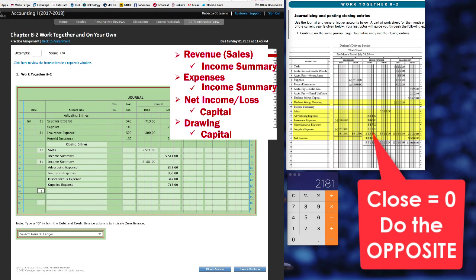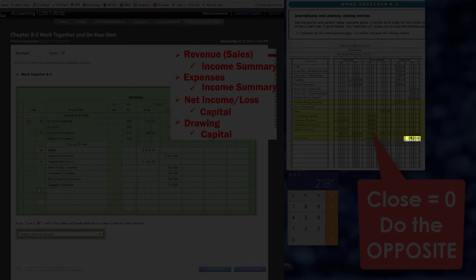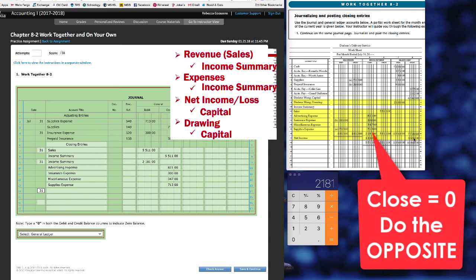Okay, my next date, the 31st, and I have my net income that I need to close out. Now we need to check that we are using the balance sheet amount for net income, because that's when we took our net income and lumped it into capital, when we created the balance sheet. The net income on the balance sheet says a credit, so I'm going to do the opposite, which means my net income gets debited.